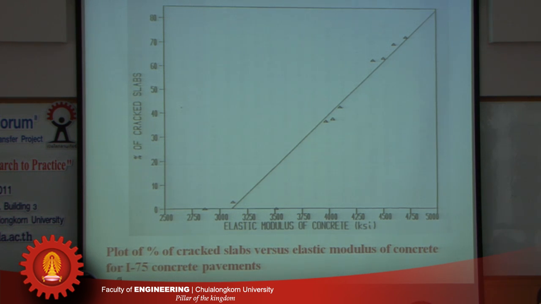Well, the stronger concrete had higher elastic modulus, and when you have higher elastic modulus, the resulting stress is higher. Okay, so if the strength does not increase proportional to the increase in stress, it may crack more. Okay, and in this case, it actually cracked more. The stronger concrete actually has a worse performance.